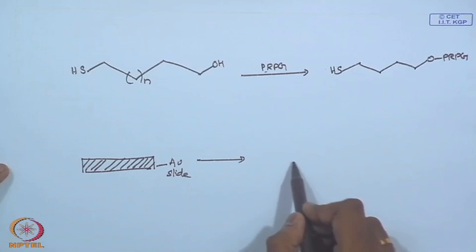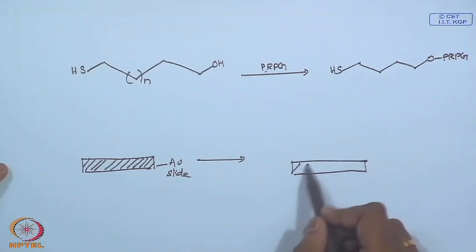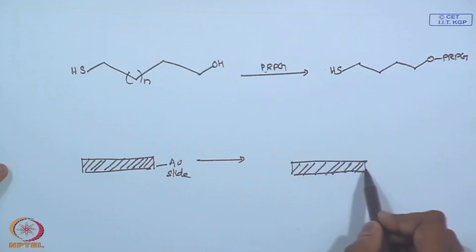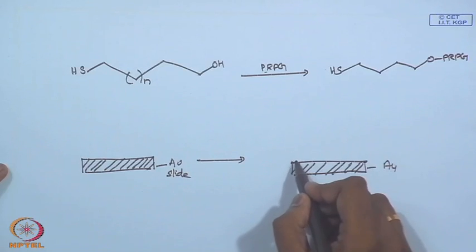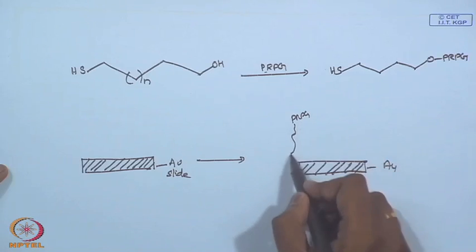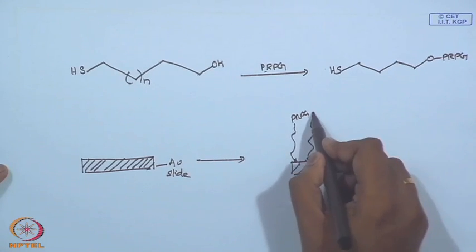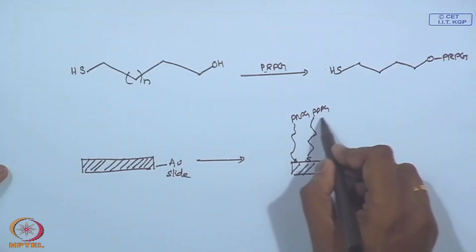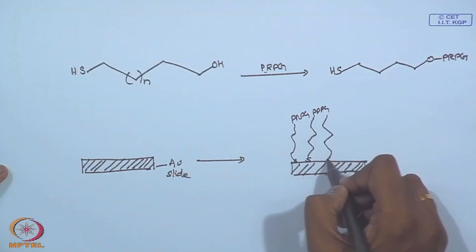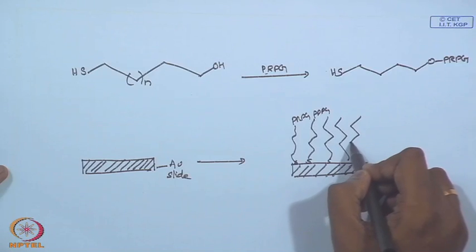You have studied that: it forms a self-assembled monolayer. So you have a gold slide, and it forms a nice monolayer. I have sulfur here and the photoremovable protecting group. It should be nicely packed. I'm just drawing it, since I don't have space, but it will be nicely packed.